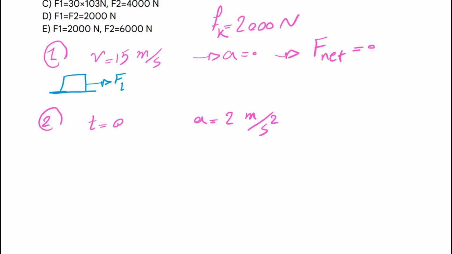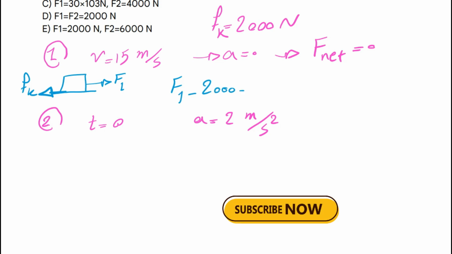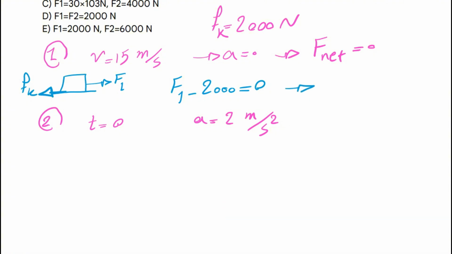So F1 minus 2000 equals 0. Therefore, F1 equals 2000 newtons.